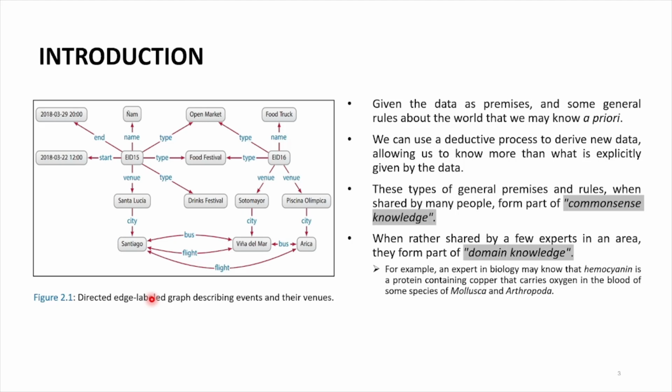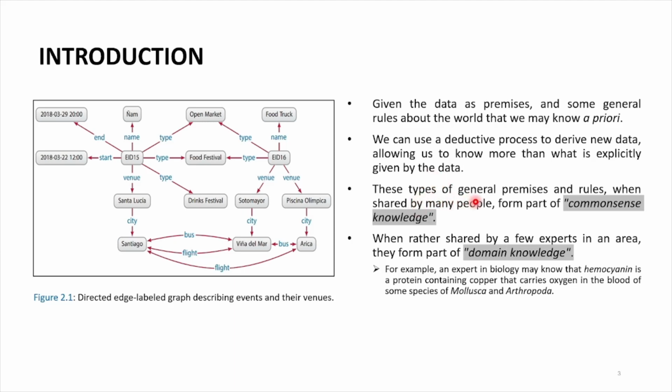We may further deduce that the city connected by flights must have some airport nearby, even though the graph doesn't contain nodes referring to this airport. And in this case, given the data as premises and some general rules about the world that we may know a priori, we can use a deductive process to derive new data, allowing us to know more than what is explicitly given by the data.